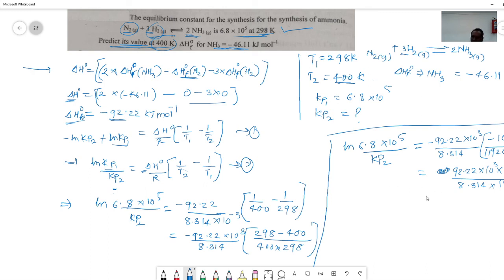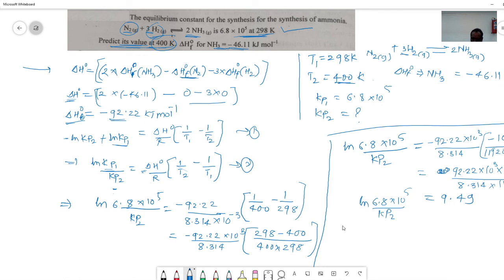If you calculate all the values, simply multiplication and division, the total value comes out to be 9.49. That is equal to ln 6.8 into 10 raised to 5 divided by Kp2. Now this is also ln Kp2.